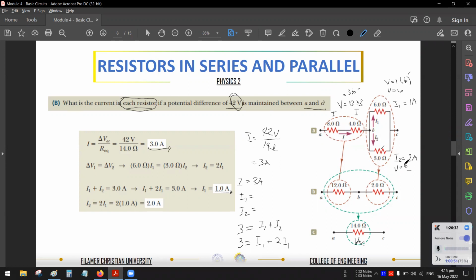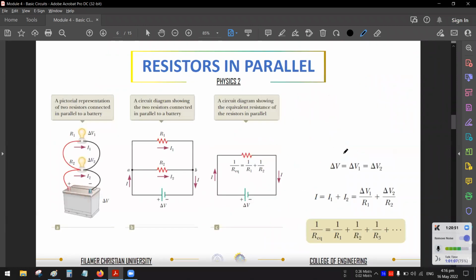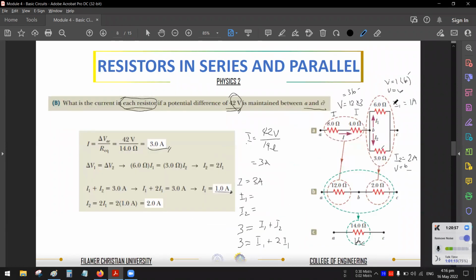So, tama din. Voltage mo dito is 6 volts din. So, you have your 36 plus 6. You have your 42 volts. Ayan. So, chinek lang natin. Okay. So, muntik na ako dun ah. Kasi di ba pag in parallel, yung voltage natin the same lang. Ayan. Okay. So dito, voltage mo dito 6 volts, voltage mo dito 6 volts lang din. So tama.